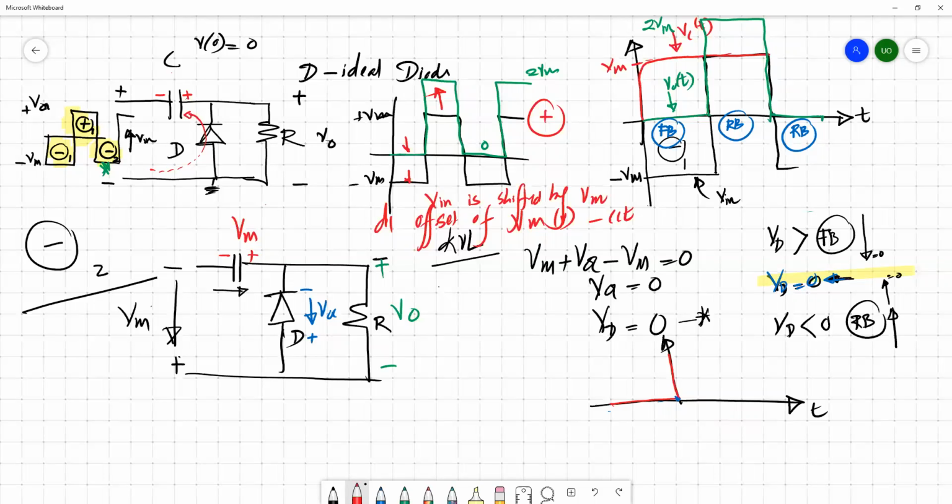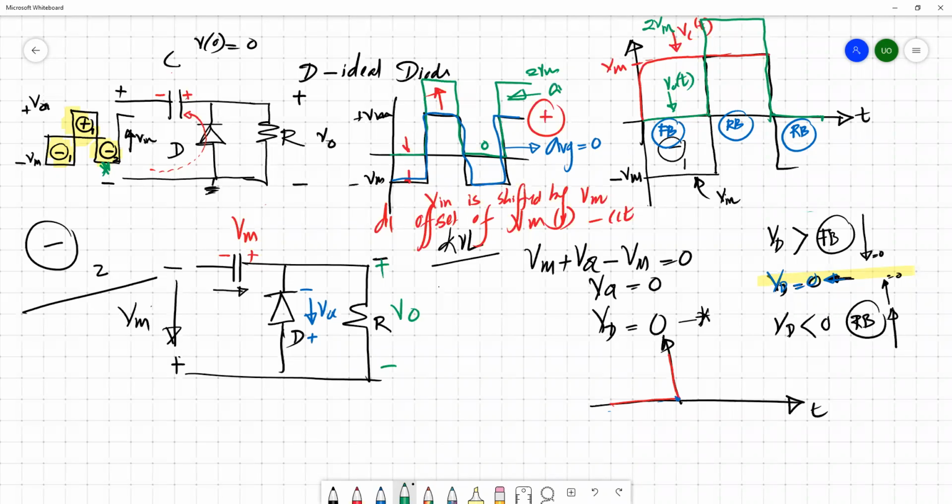So what about the average of this? This is ideally an average zero signal, because it's symmetric over the t-axis. If you evaluate the area under this curve for the period, the average would be 0 if it is symmetric around the t-axis. What about the average of this green signal?